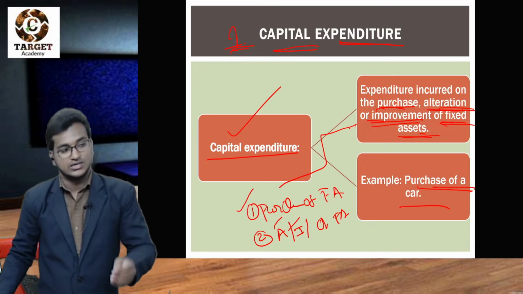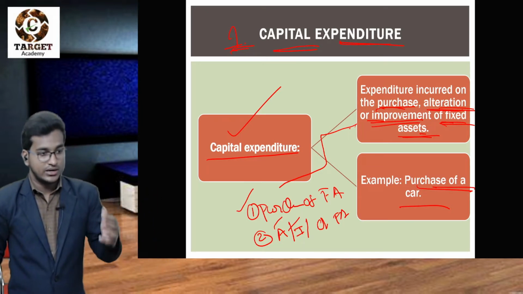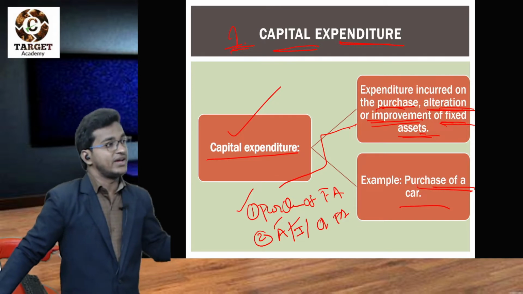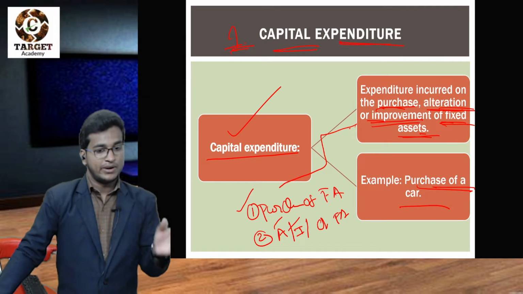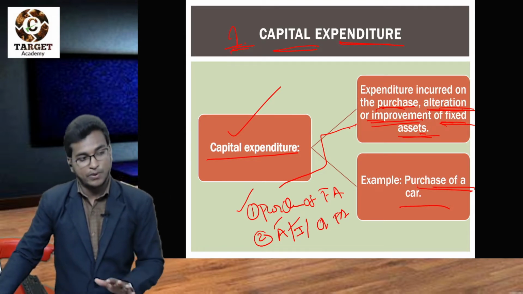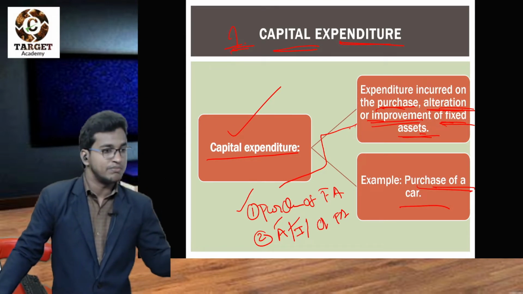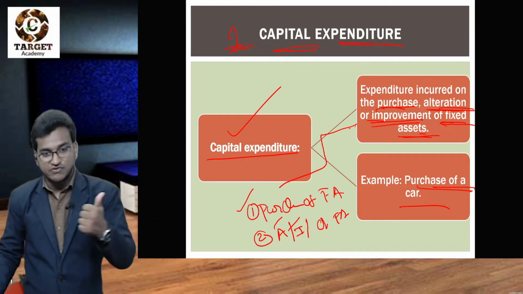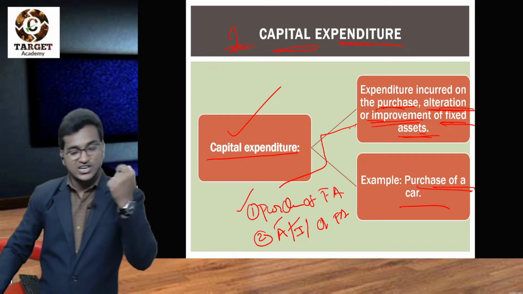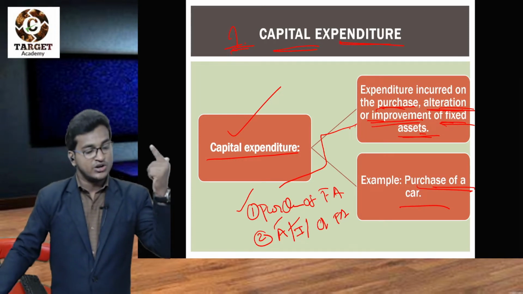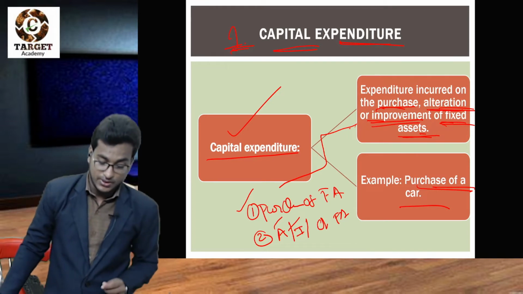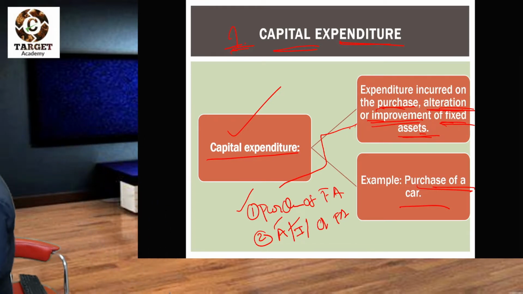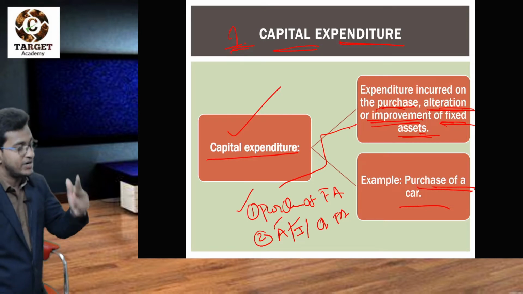In addition, construction of an additional floor in the same building, or alteration of a building from a residential property to a shopping mall for commercial purpose. If purchase, alteration, renovation or improvement of a fixed asset, all are capital expenditure.